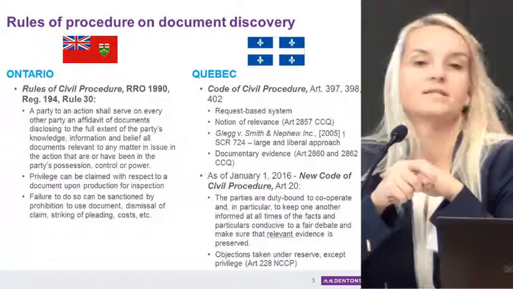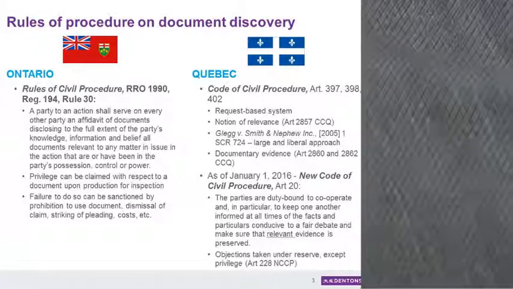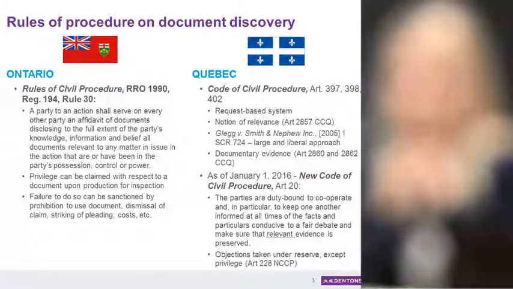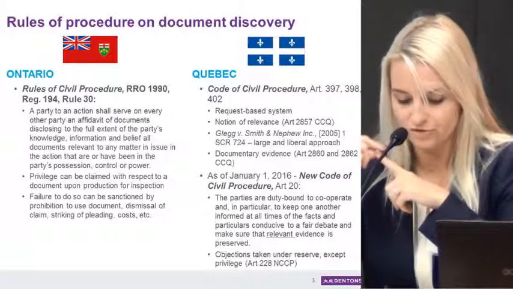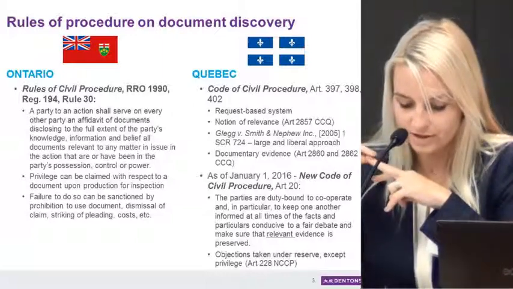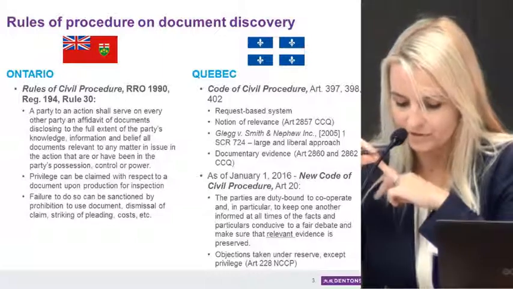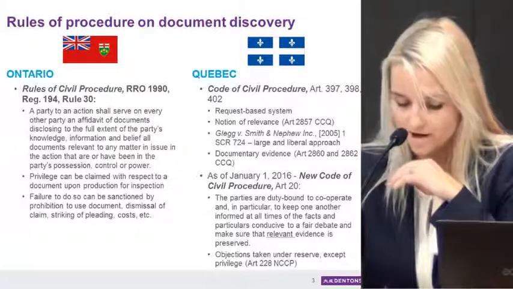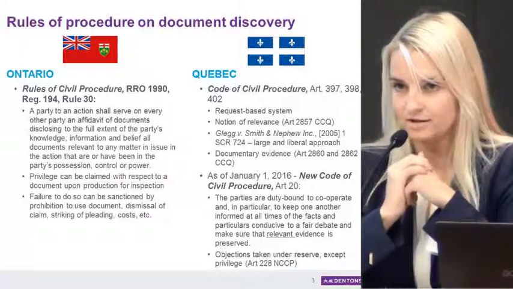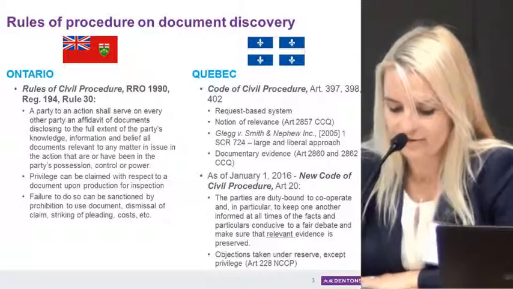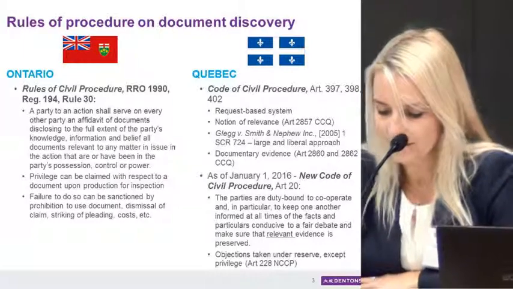The consequences of failing to do so can be the prohibition to use a document, the dismissal of your claim, the striking of your pleadings, or the award of costs. So it's an important thing to do, your affidavit, and you have to be cautious about that.